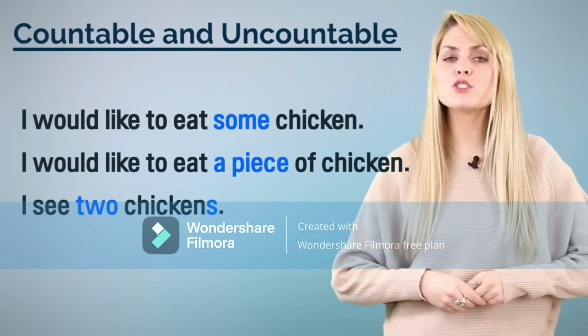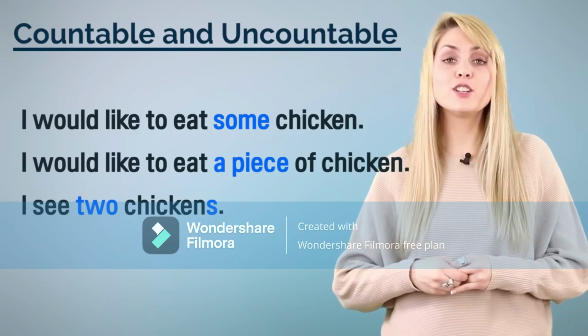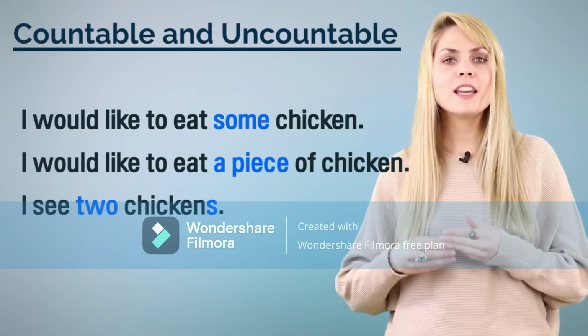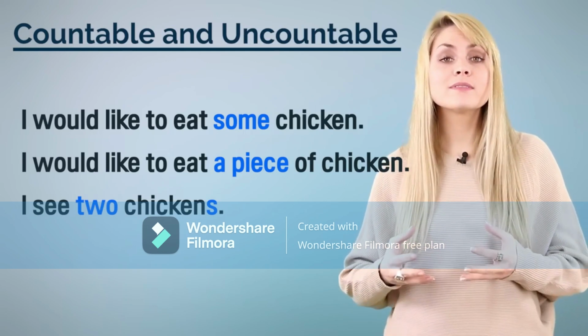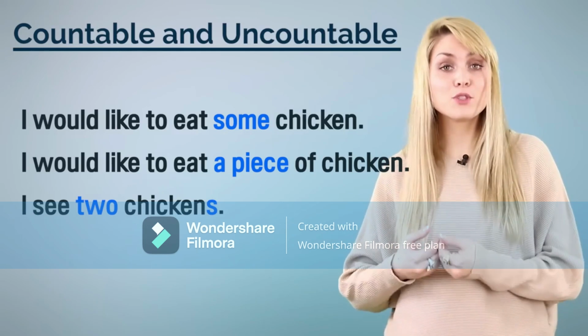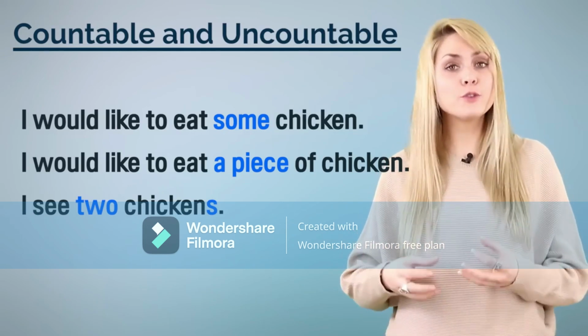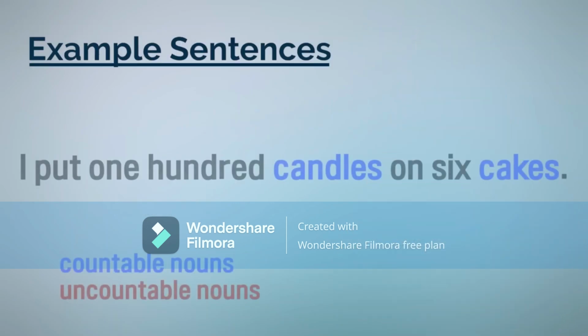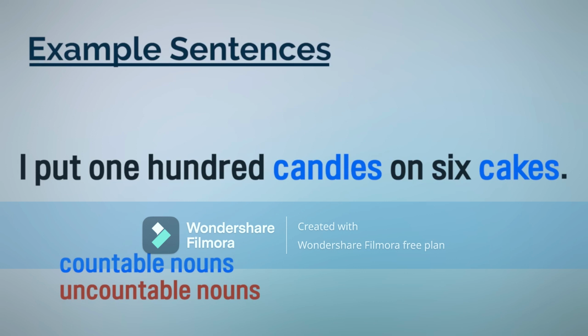Because in the first 2 sentences, chicken is food. But in the last sentence, chicken is an animal. So the animal is a countable noun. Chicken as food is uncountable. Hope you get it. I put 100 candles on 6 cakes.